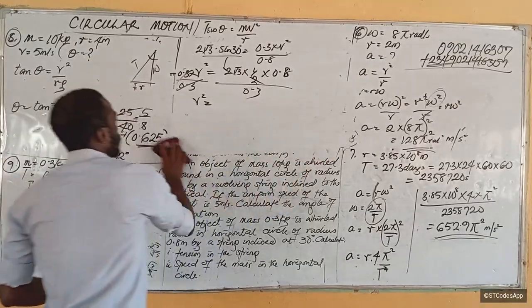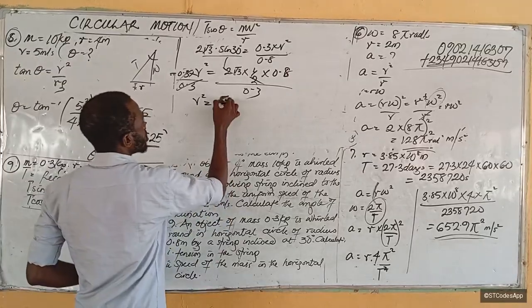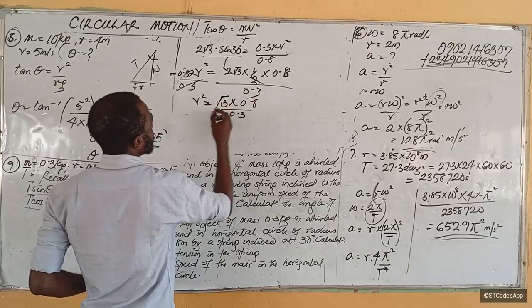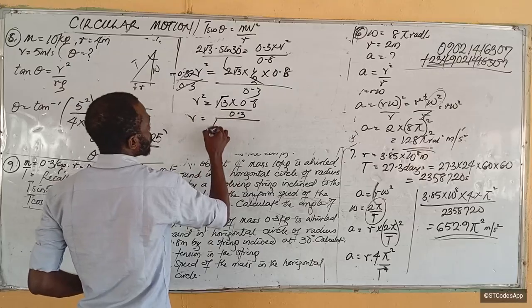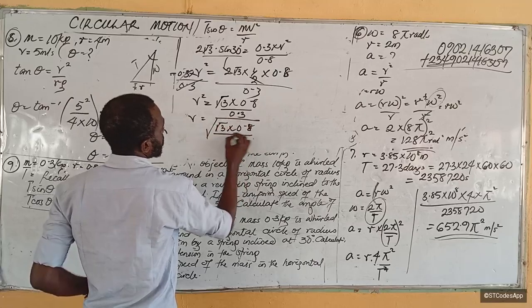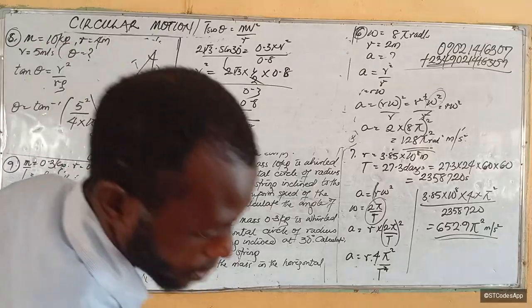I have to take the square root now. So we have root 3 times 0.8 divided by 0.3. So v will be equal to the square root of root 3 times 0.8 divided by 0.3. Let's use our calculator now.